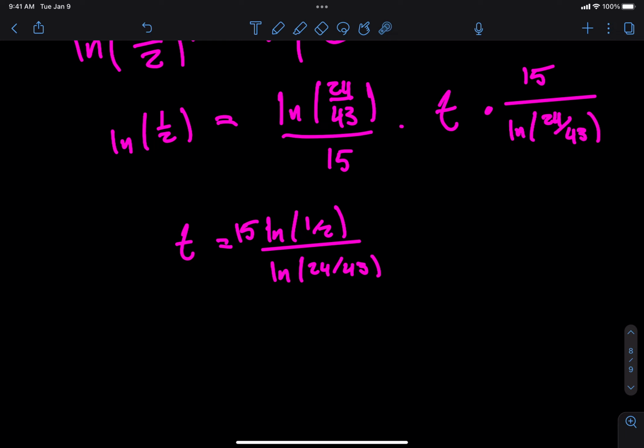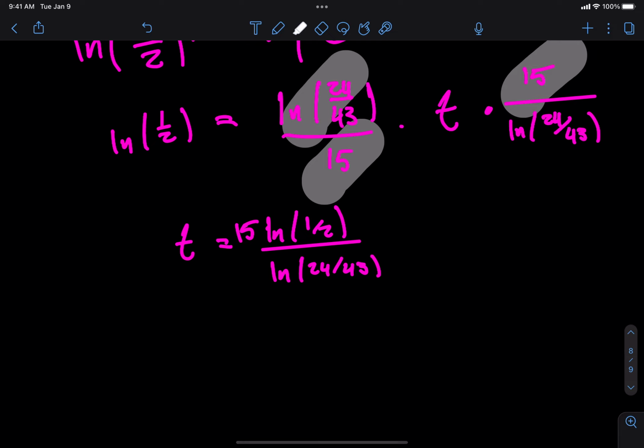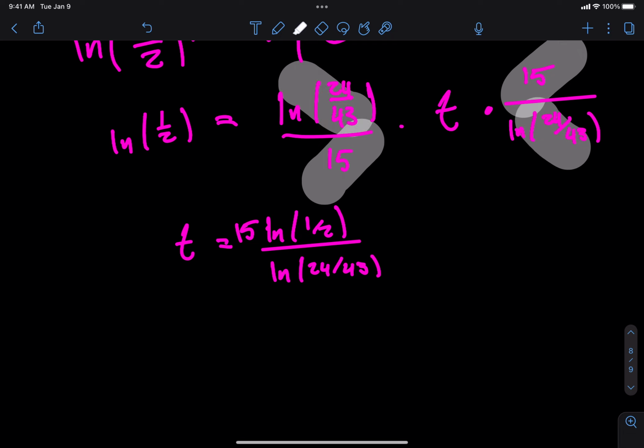If I do that, then this one's going to cancel with this one, and this one's going to cancel with this one. Why don't I do it sideways? This one's going to cancel with that one. And then on the left side, I have to do the same thing by multiplying the top by 15 and multiplying the bottom by ln of 24 over 43.